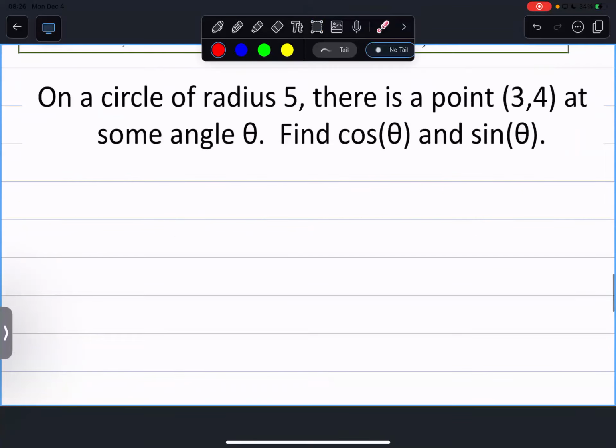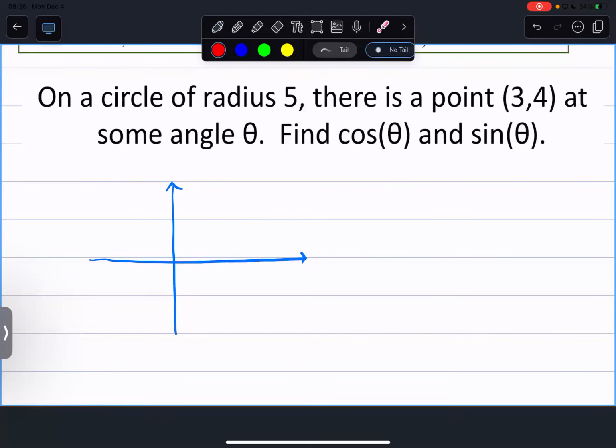So what we want to do is first sketch out the scenario. Now for us, we're only going to work with circles centered at the origin.